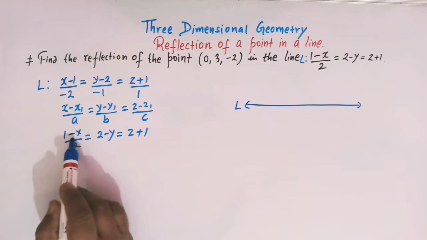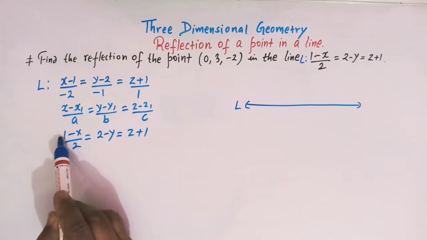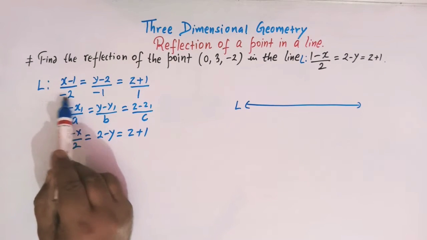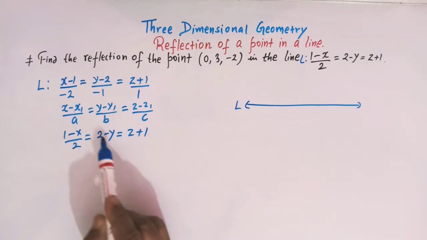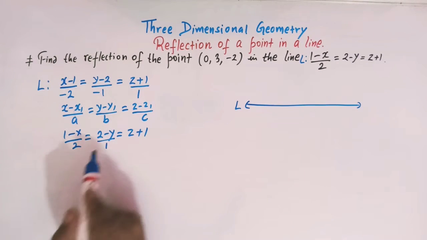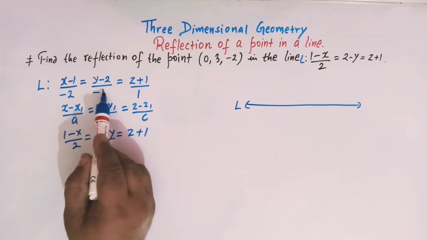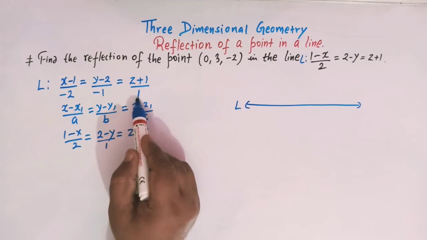Right? So what we have done, we have written 1 minus x as x minus 1 and taking this negative sign in the denominator. Then we have y minus 2, that is we have taken this negative sign common, and here we have 1, so taking negative sign in the denominator, and then we have z plus 1 over 1.